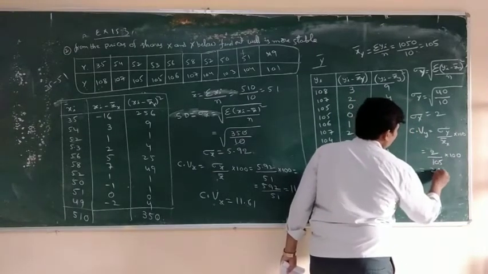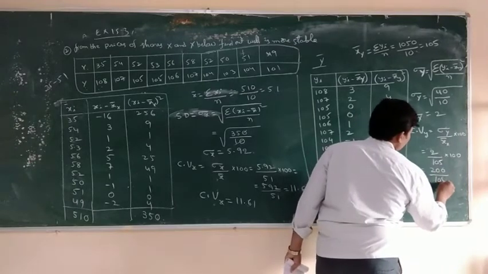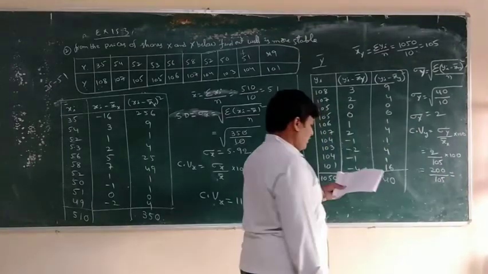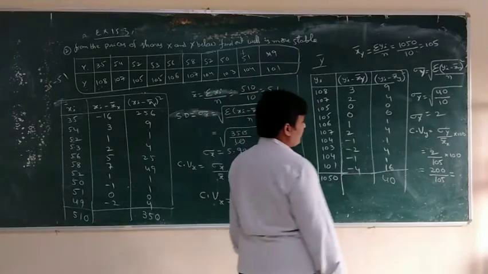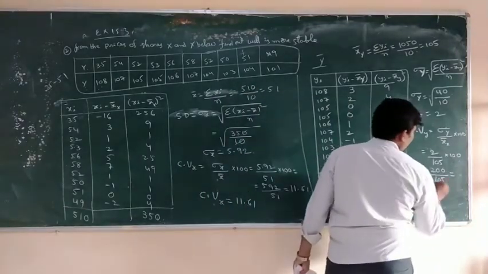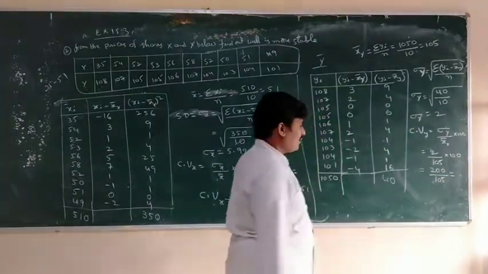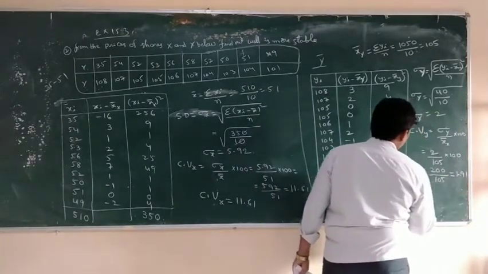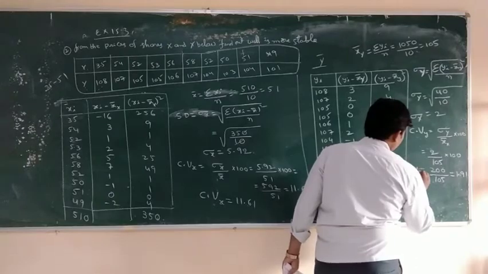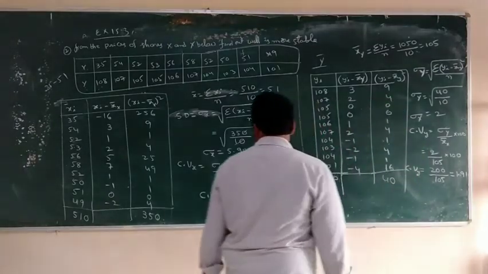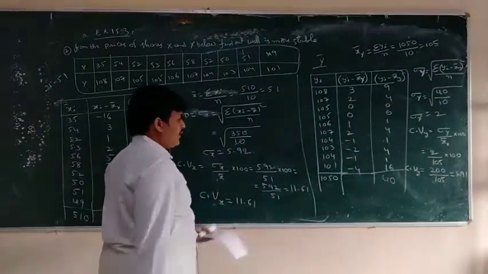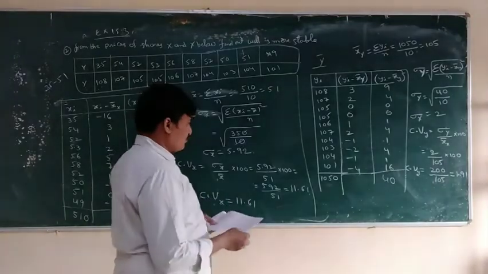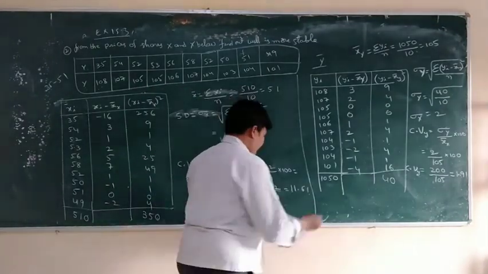That is 200 by 105, which is nearly 1.91. This is the coefficient of variance of y. The coefficient of variance of x is 11.61, and of y is 1.9.